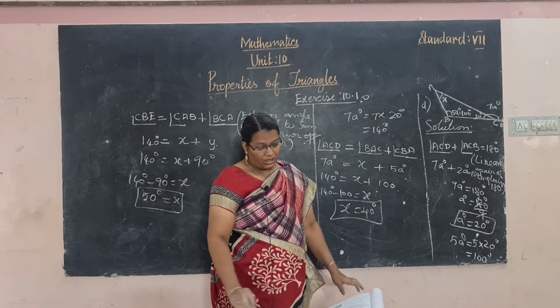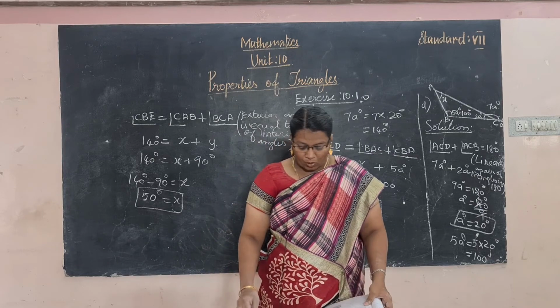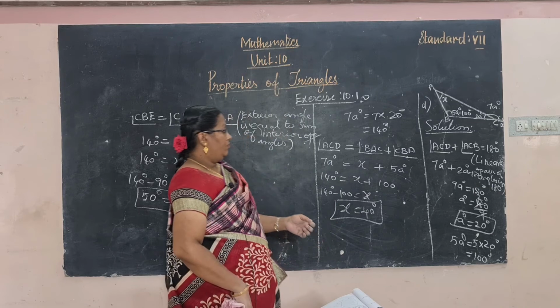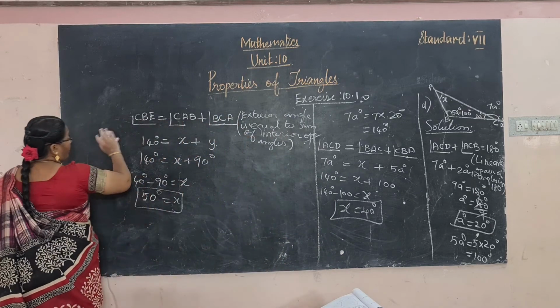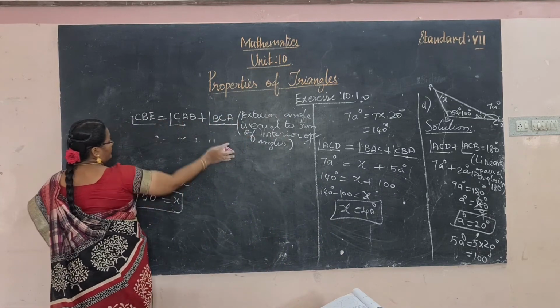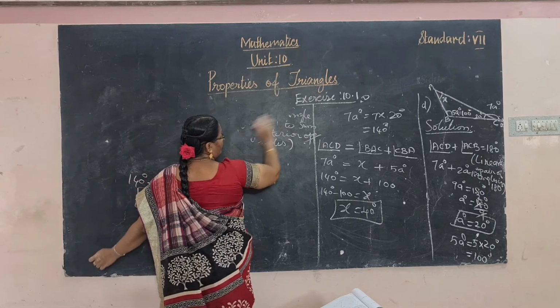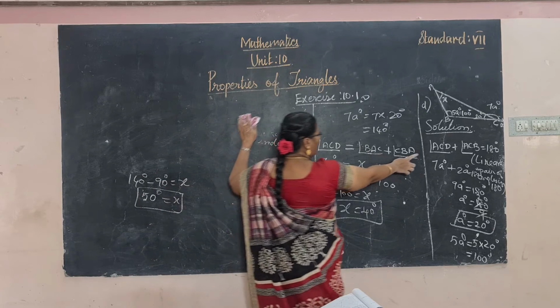That's it. Now the next problem. Here write exterior angle property within a bracket.